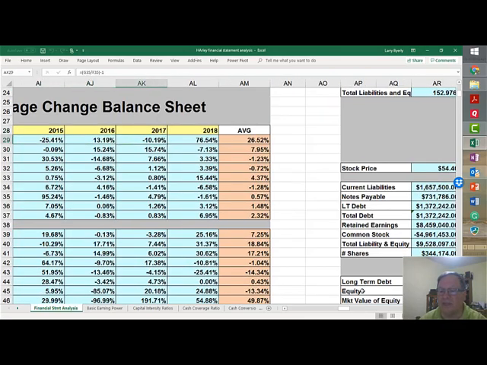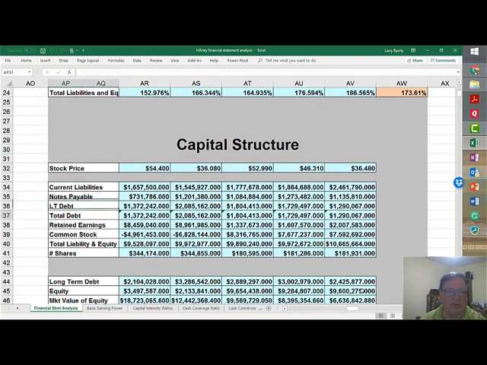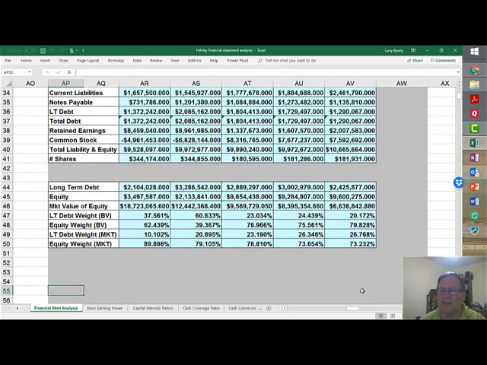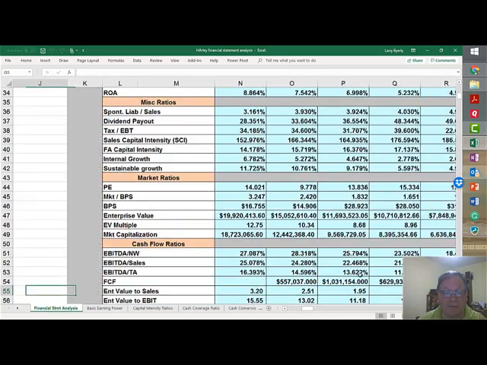So all of these, hopefully I mentioned this one too. Here's the capital structure. It looks at the components down here. You can see that this last year, about 20% of the company was long-term debt. About 80% was equity. So again, lots of information that you can get from this spreadsheet.